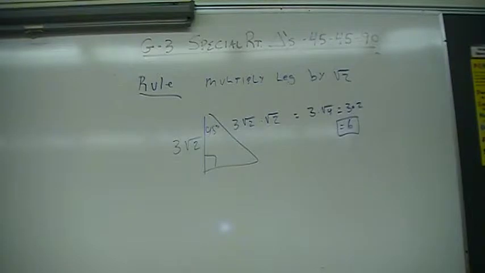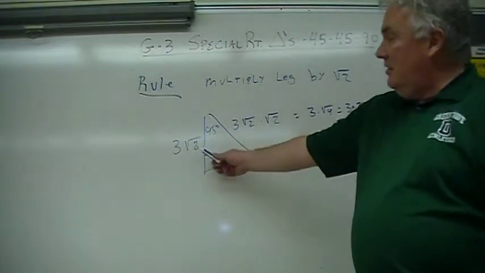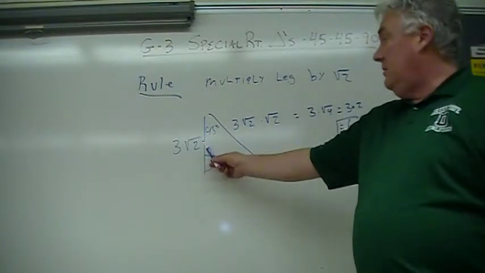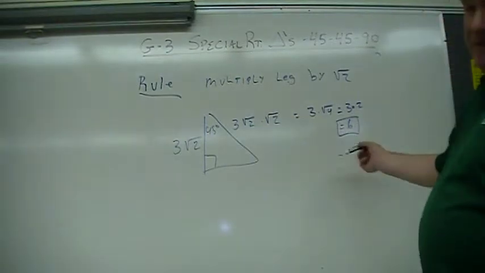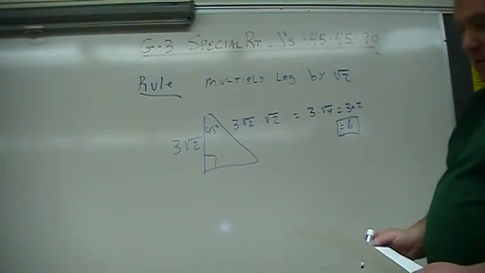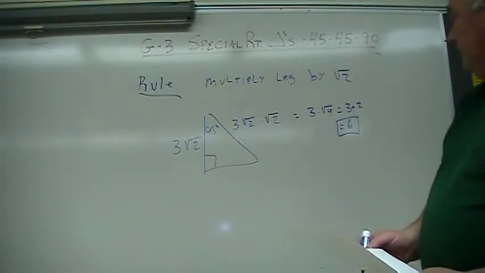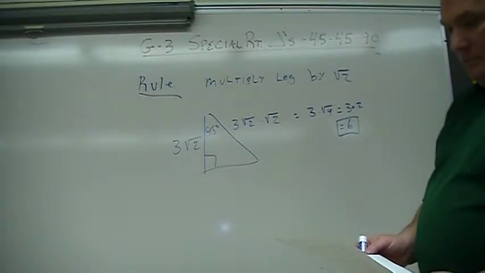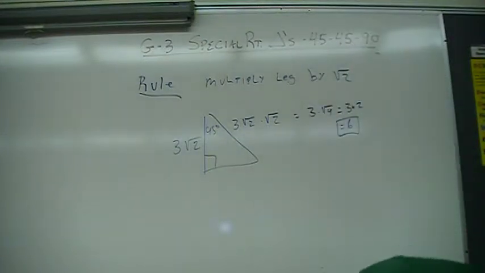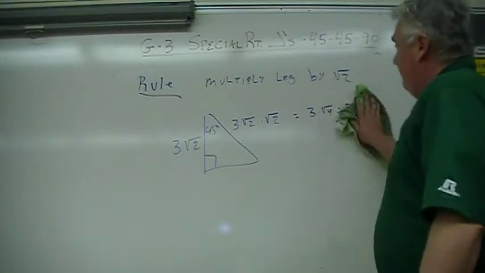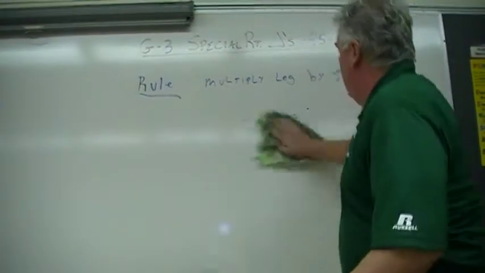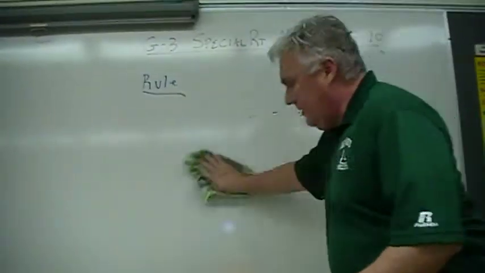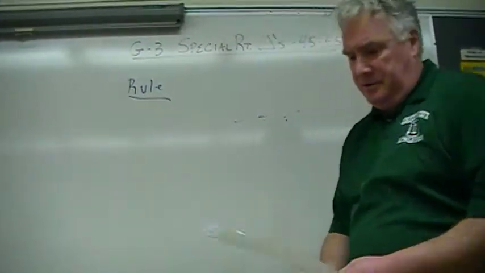Okay? So, how long is the hypotenuse? When this is 3 times the square root of 2, the hypotenuse is 6. Next, what happens when we know the hypotenuse?